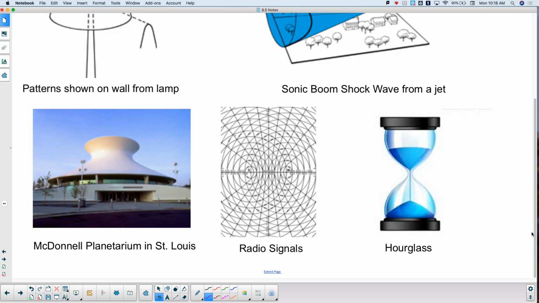Okay. All right. And then radio signals. So this is radio tower number 1, and this is radio tower number 2. And then as the signals go out, okay, then you can triangulate from those where they meet. Okay. And that's in hyperbolic form.